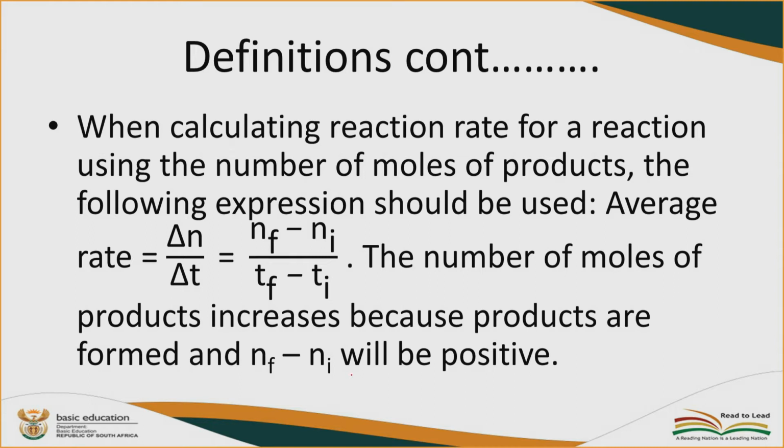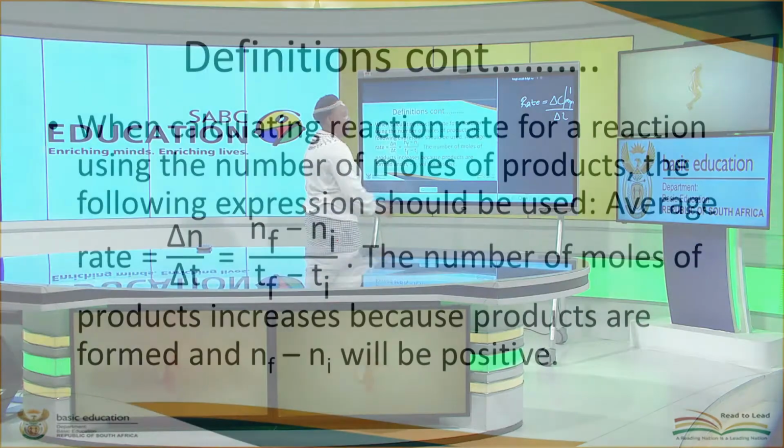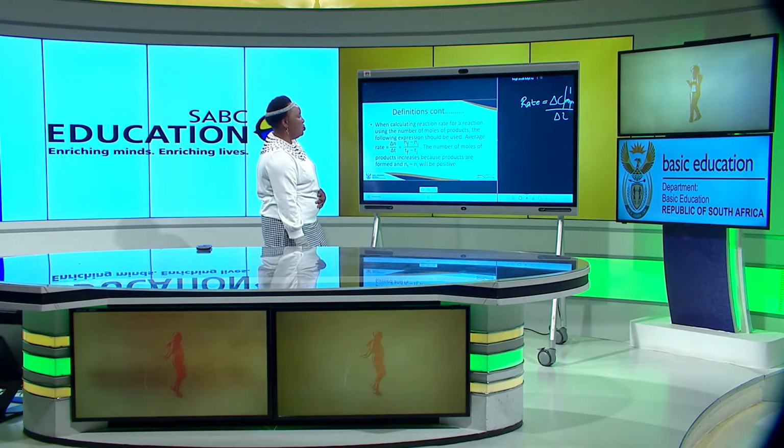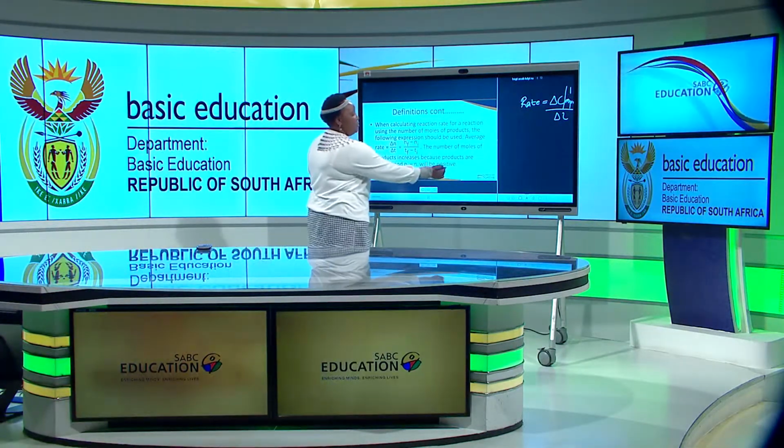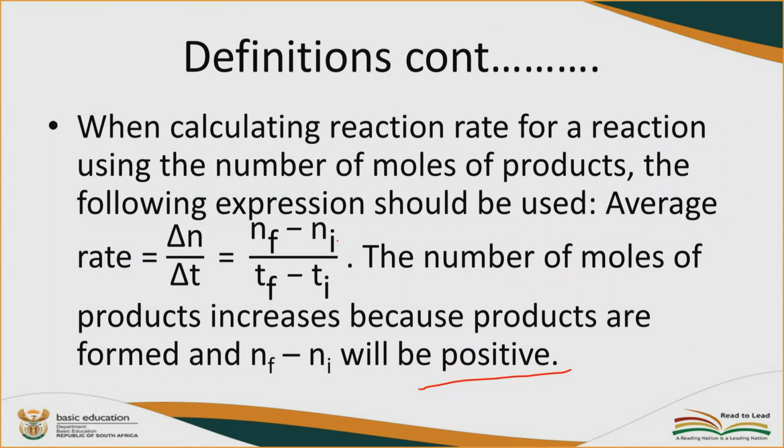With the product, it's easy because during the course of the reaction, the concentration of the final will be greater than the concentration of the initial, and subtracting the two, you're going to get a positive value, and that is what we are looking for.